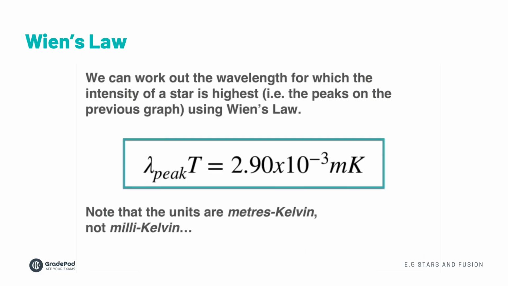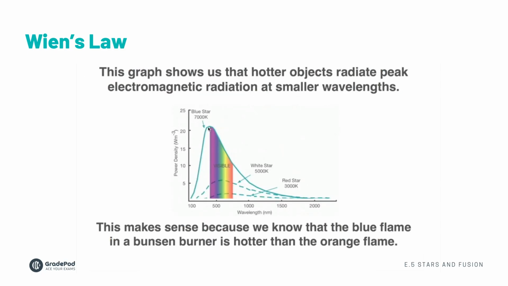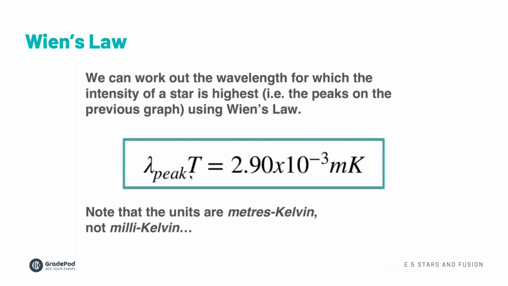But there is a formula that we can use called Wien's law, and that allows us to find out more specific information. We can work out the wavelength for which the intensity of a star is highest using Wien's law. So we can say the peak wavelength of the star, and if we go back to the graph here, the peak wavelength for this blue star would be around about 450 nanometers, times its temperature in Kelvin is equal to 2.9 times 10 to the minus 3.